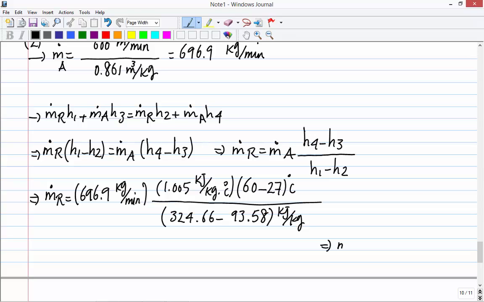So m dot r equals 100 kilograms per minute.